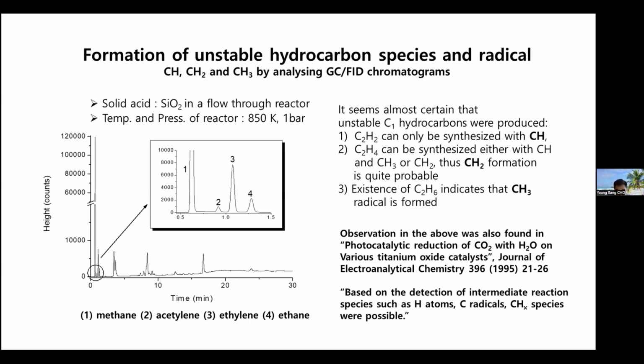Acetylene can only be synthesized by reaction from CH and CH. Thus, the formation of CH during the hydrocarbon synthesis reaction is quite certain. Similarly, the presence of ethylene and ethane ensures the formation of CH2 and CH3 in the process of hydrocarbon synthesis.